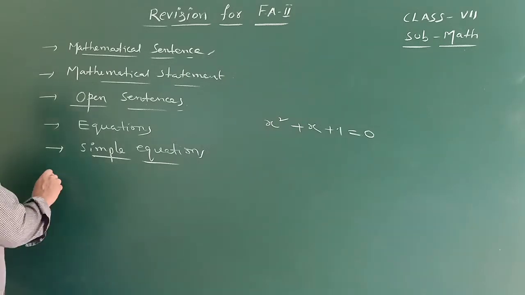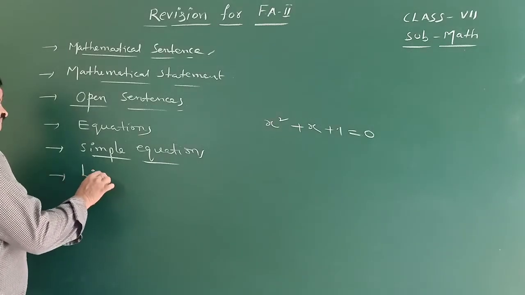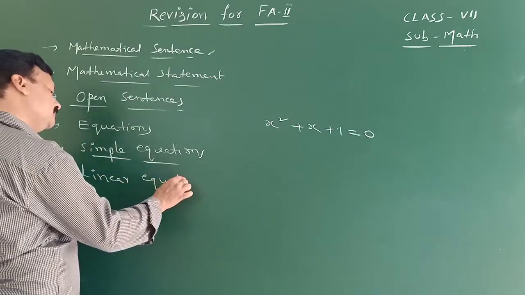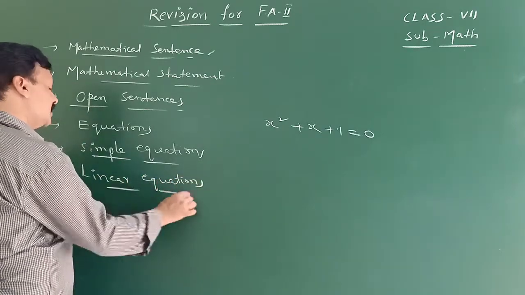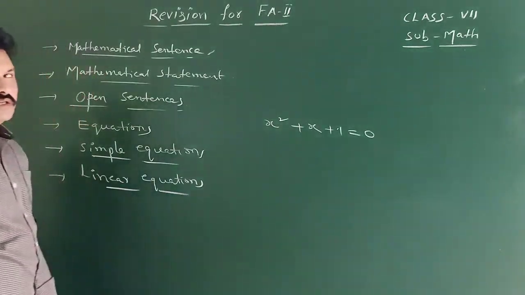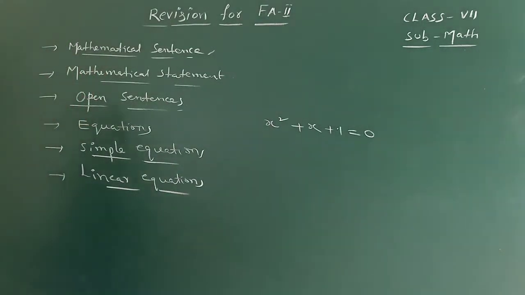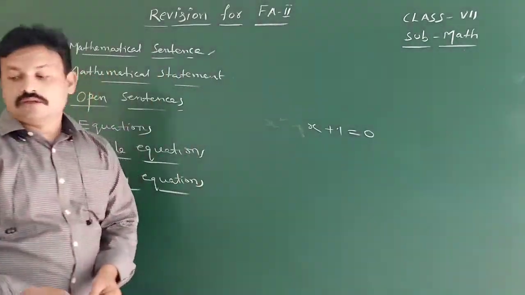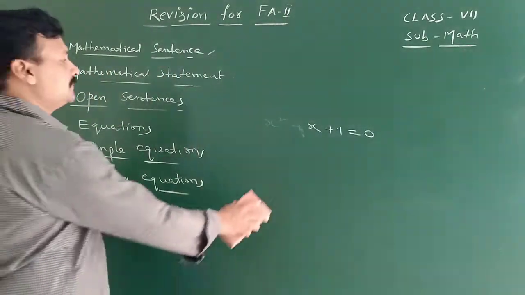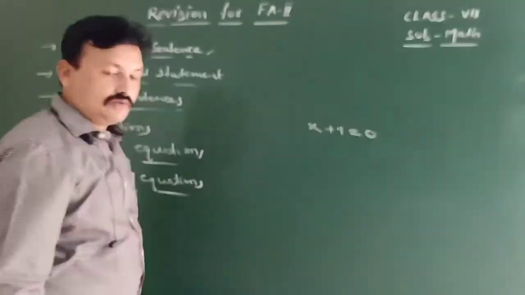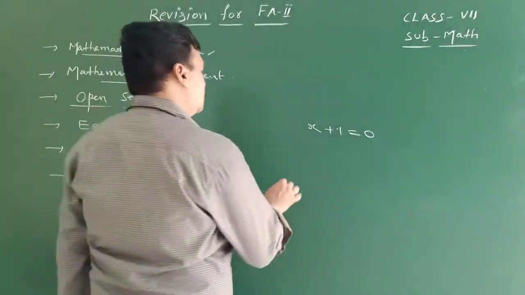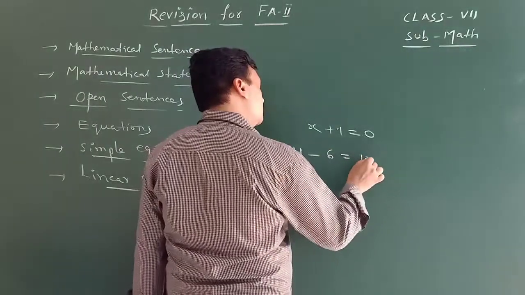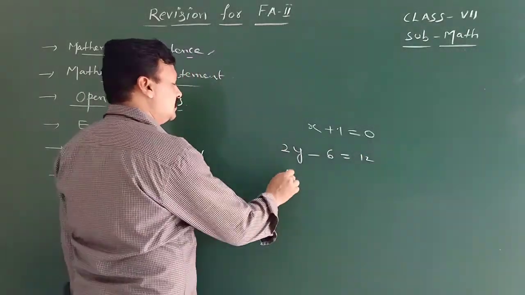Next, linear equation. What are linear equations? The given equation having degree 1 is called a linear equation. Here x plus 1 equal to 0 is a linear equation. Here 2y minus 6 equal to 12 is a linear equation.